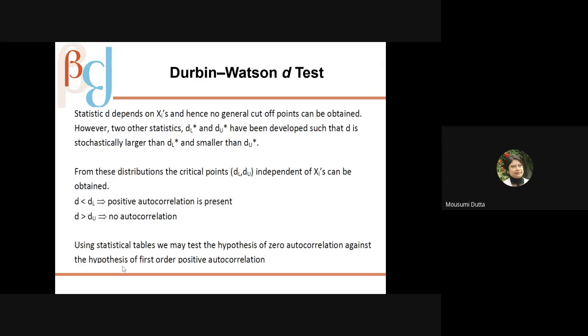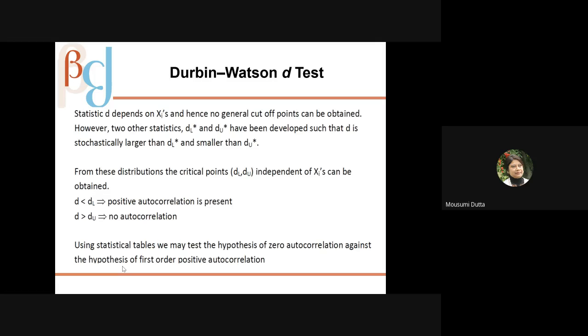Statistic D depends on X, and hence no general cutoff points can be obtained. I'm telling that it is close to 0 or 4, however, what is the value? Close to means a series of values. So what is the cutoff point? When I am telling that it is approaching 0, what is the cutoff point?